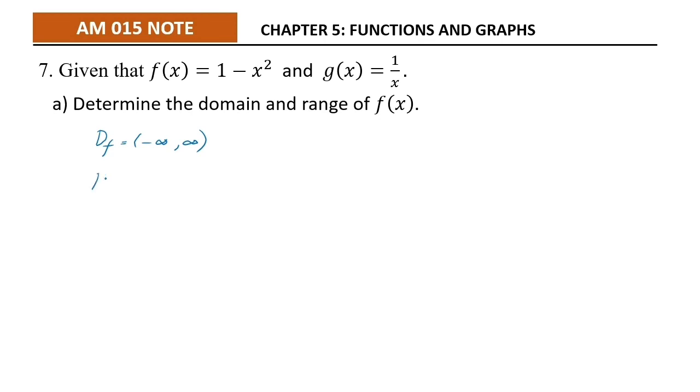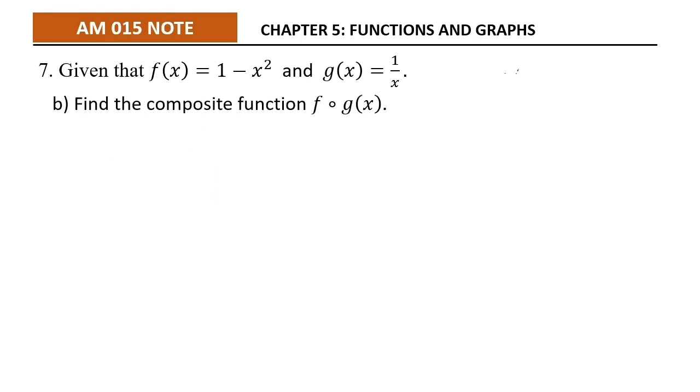Range of f, since this is negative x squared, the range starts from -infinity up to y value 1. Since b is 0, the highest point will be 1. Therefore -infinity to 1 included.